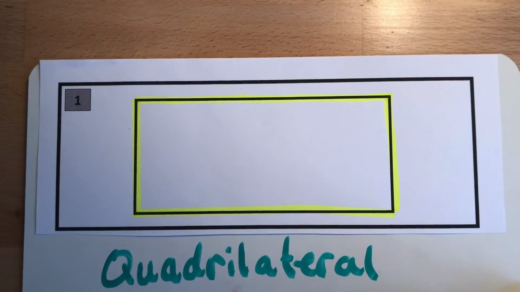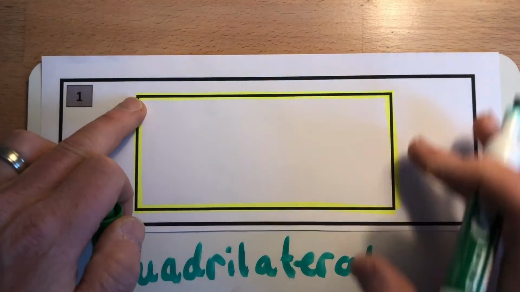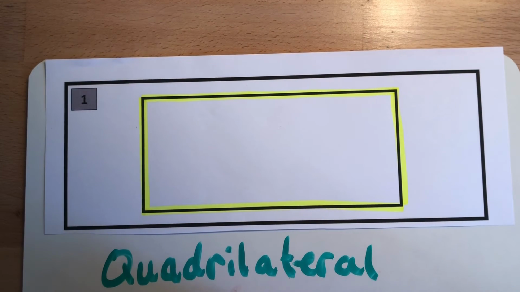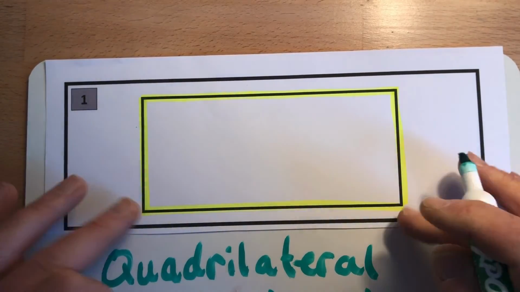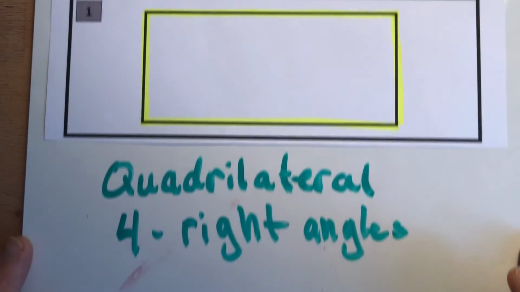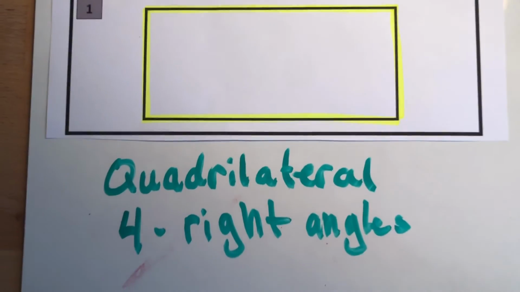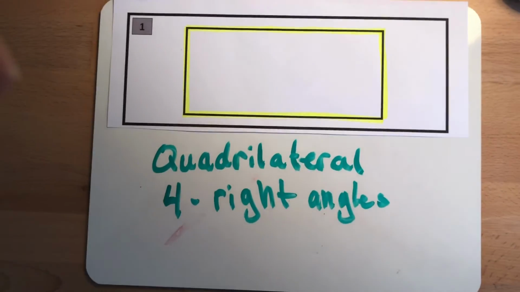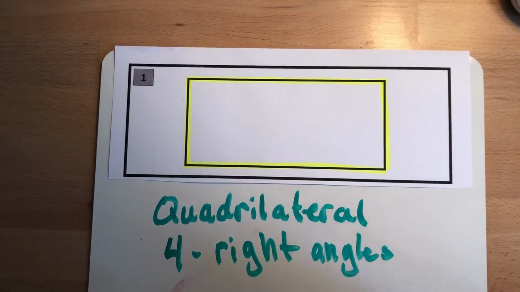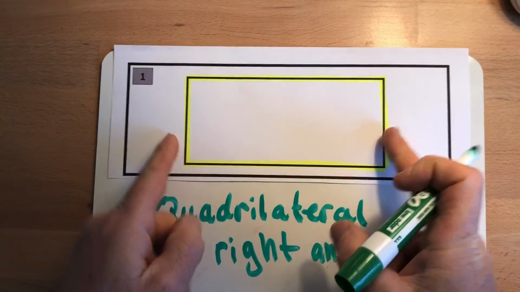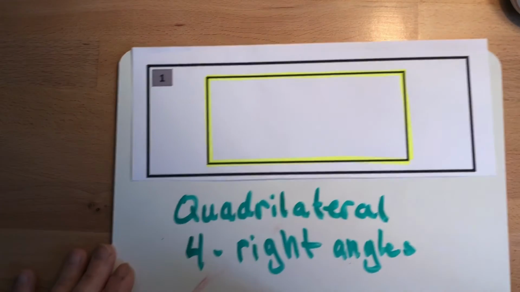Some of you might have said there are 4 right angles, and you'd be correct. Those angles in a rectangle are 90-degree angles. Other people might have said that opposite sides are parallel.